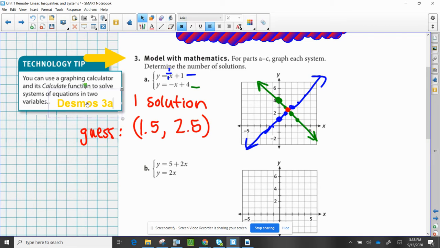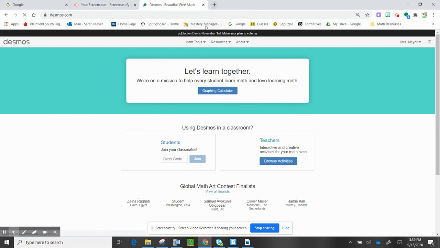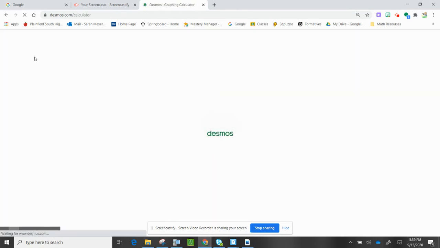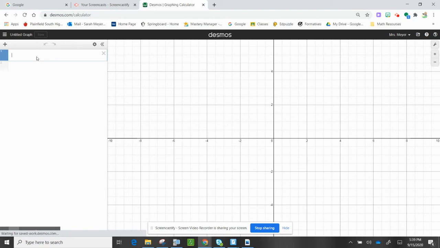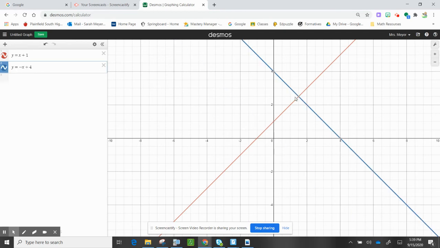If it loads. Okay. So our two equations here, y equals x plus 1 and y equals negative x plus 4.